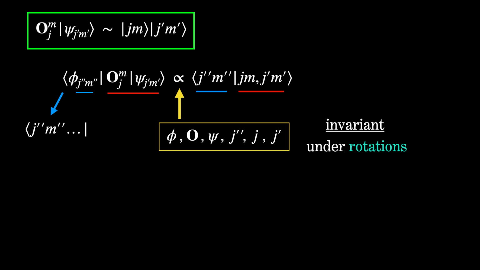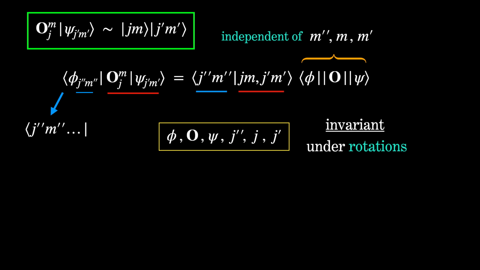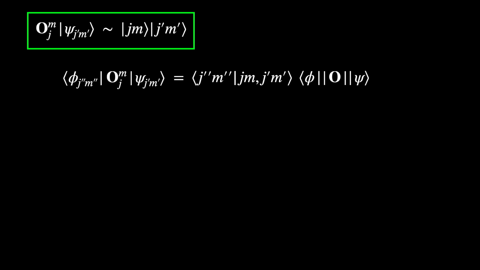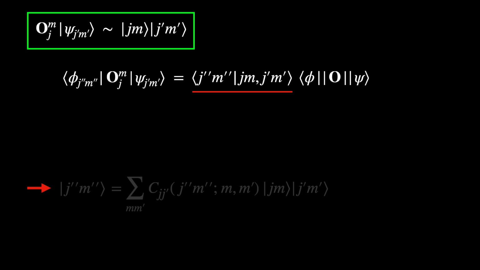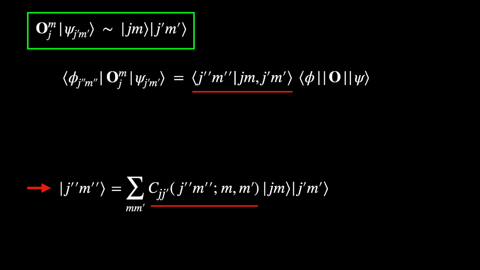This constant of proportionality is the reduced matrix element. It is independent from all the variables that are affected by rotations, like m double prime, m, and m prime. Of course, we could substitute this inner product with the Clebsch-Gordan coefficient in accordance with the rules of addition of angular momenta.